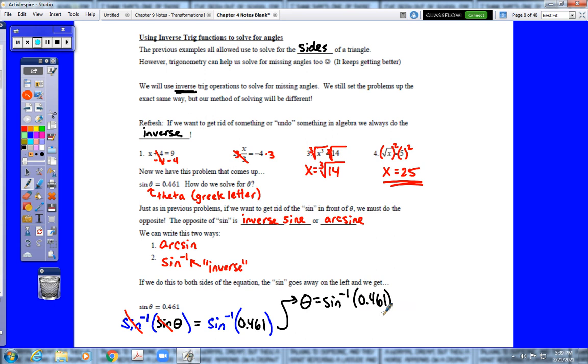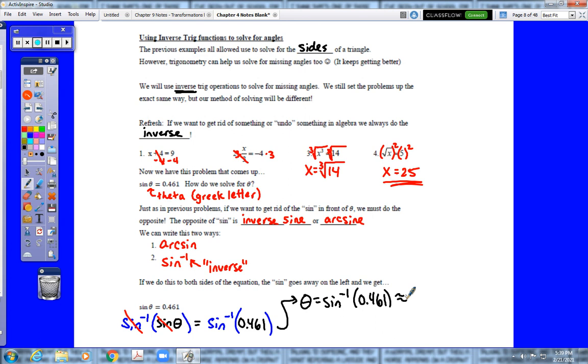Now this is something else that we just type into our calculator, okay? If you look right above sine, cosine, and tangent on your calculators, you'll see inverse sine, inverse cosine, inverse tangent in a different color of text. In this case, on your TI-84 Pluses, the way we access those functions is we hit second and then the sine button, which you'll notice should bring up the arc sine, and then we type in the decimal, 0.461, and we hit enter.